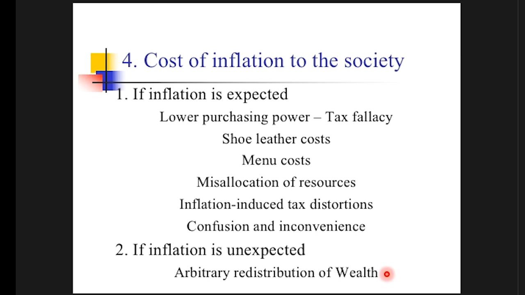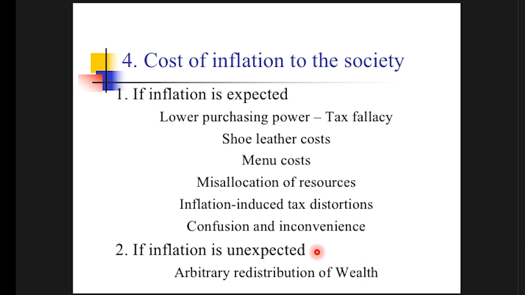And the bank still pays the same interest rate, 7%. So now we will lose in this saving, and this is called redistribution of wealth.